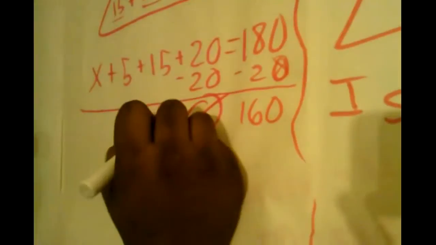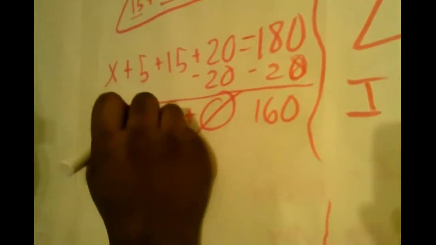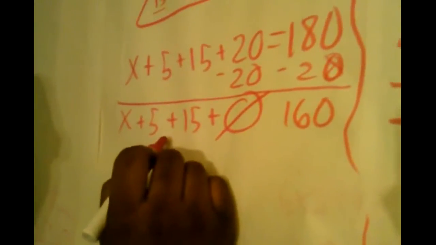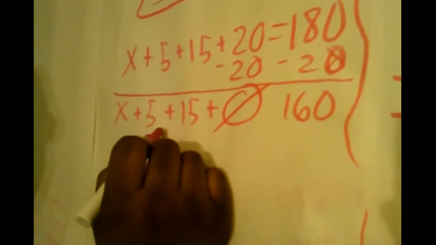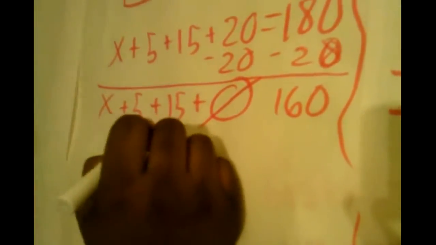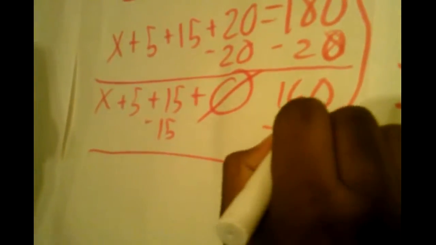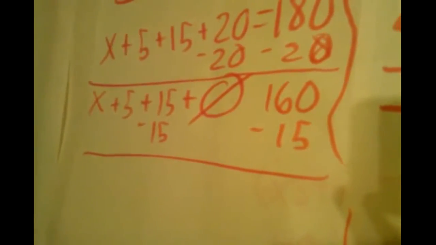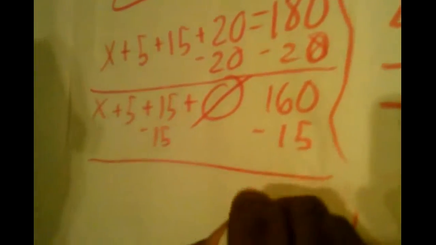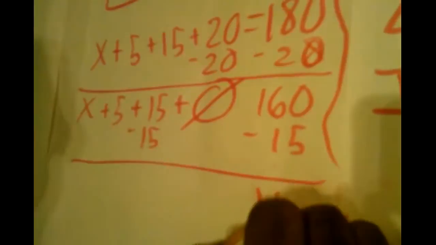Bring everything else down. So, do it again. What's the opposite of plus 15? Minus 15. Good job. What is 160 minus 15? 145. Good job.